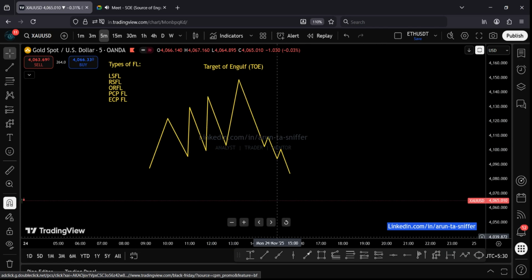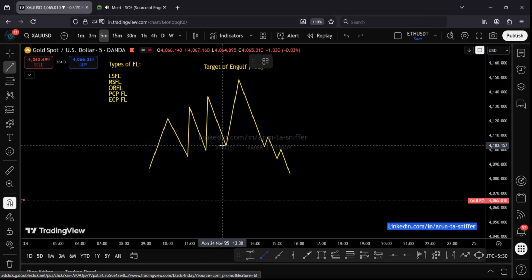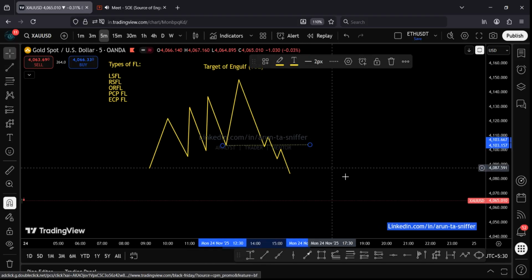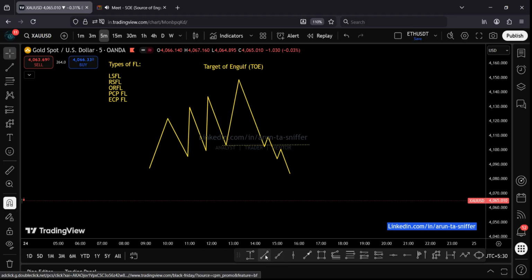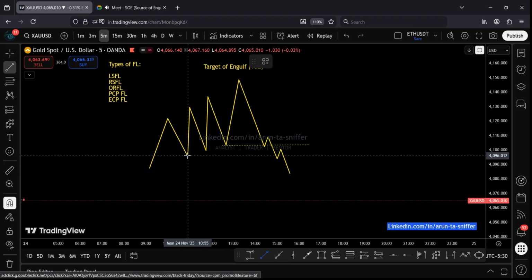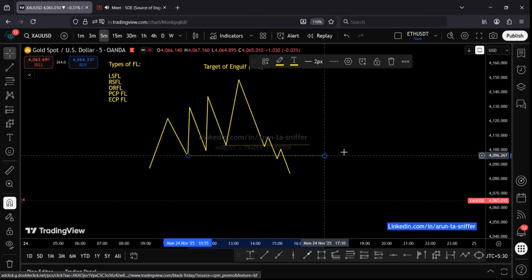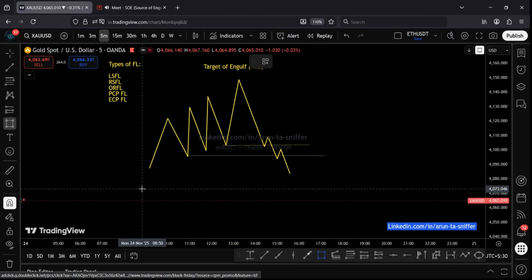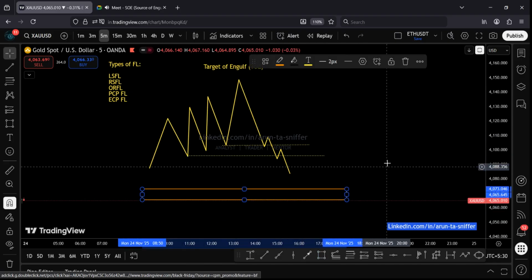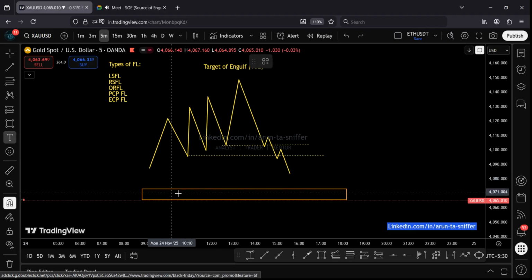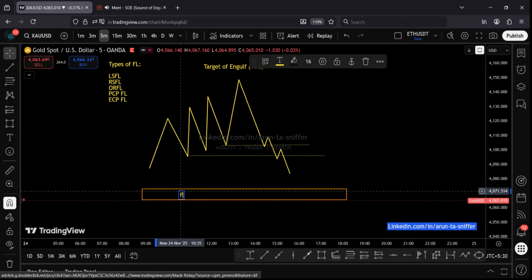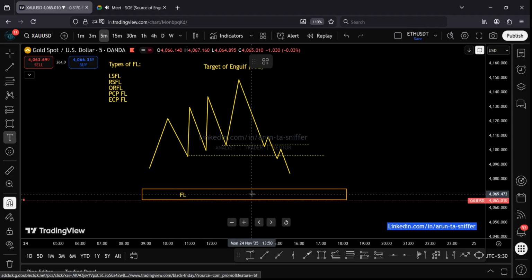We have one zone here and one zone here, and our target is here. Think like target FL is here. This is FL or some level, and we can call this target.